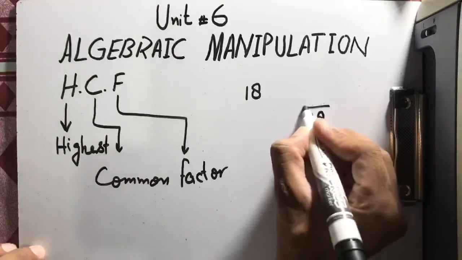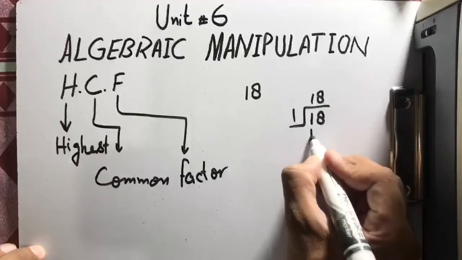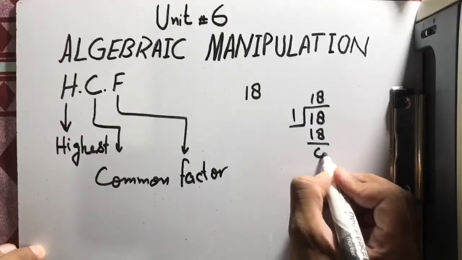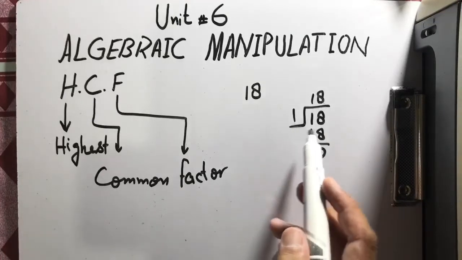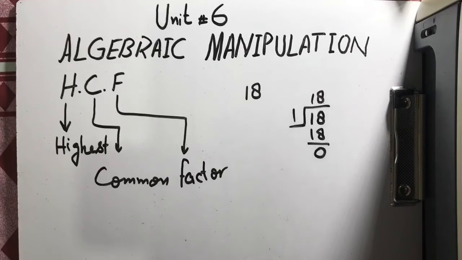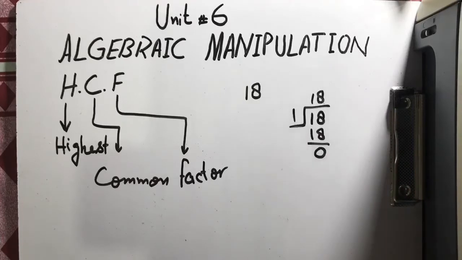First of all, we divide 18 by 1. 1 multiplied by 18, we get 18, and the remainder is 0. As the remainder is 0, so 1 is a factor of 18. If the remainder is 0, then it means 18 is completely divided by 1.